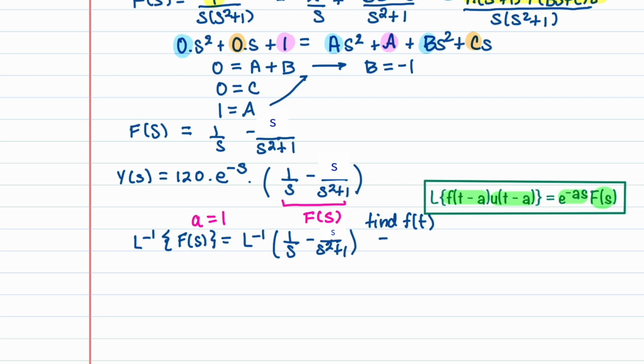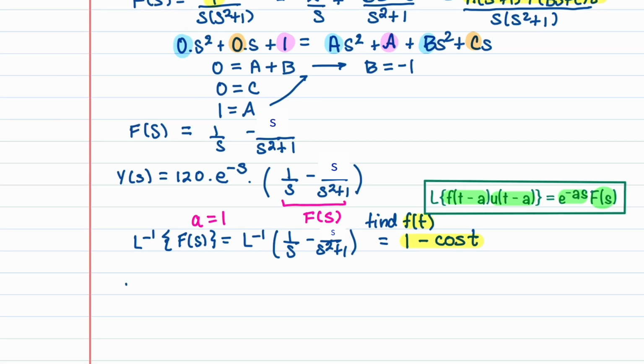We know what both of these terms are. The inverse Laplace transform of 1 over s is just 1. And then the inverse Laplace transform of s over s squared plus 1 is cosine. So we have minus cosine t. So little f of t is 1 minus cosine t.